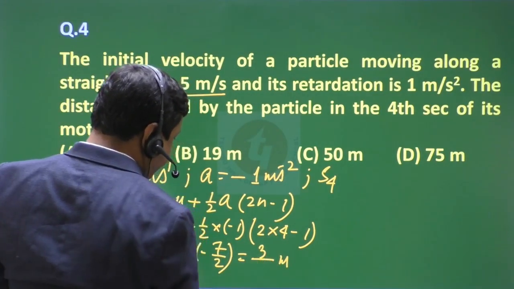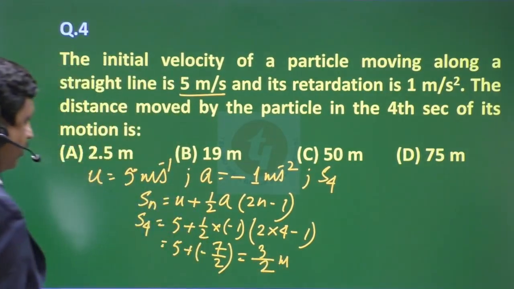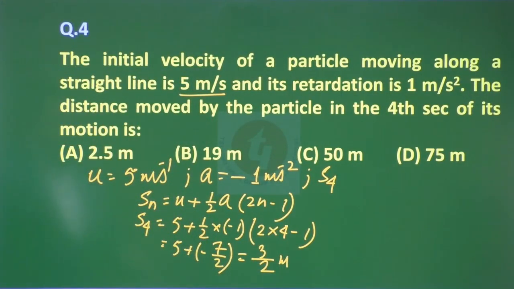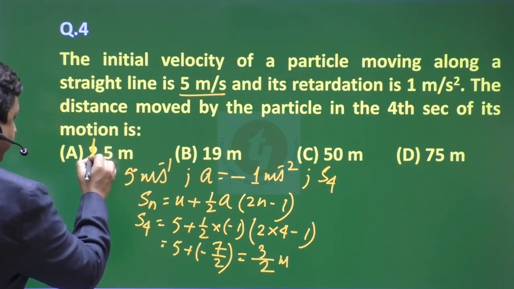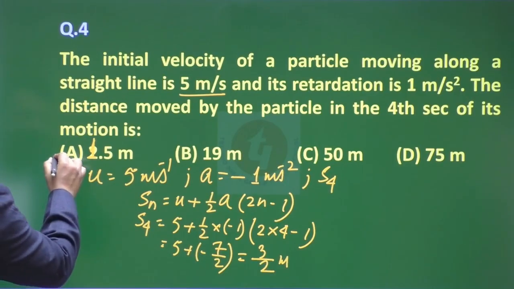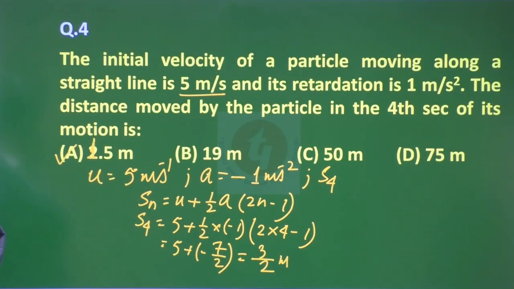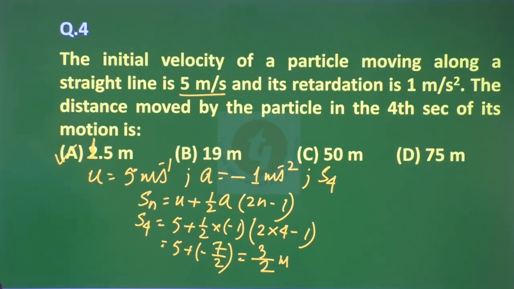Sorry, this is 3 by 2. But I think this will be 1.5. Okay, 1.5. So option 1 is correct, but it is 1.5, not 2.5 meter. Okay, that is 1.5 meter displacement, because there is a retardation and initial velocity is 5 meter per second.